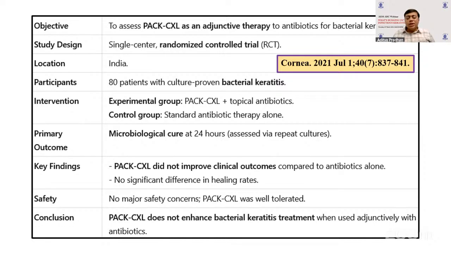Compared to the control group, the experimental group did not improve the outcomes, and between the two groups there was no significant difference in the healing rates. It was well tolerated, but it does not give you any extra advantage compared to conventional therapy. So two different trials, with two different perspectives and outcomes, and two different geographical locations, which is very important.